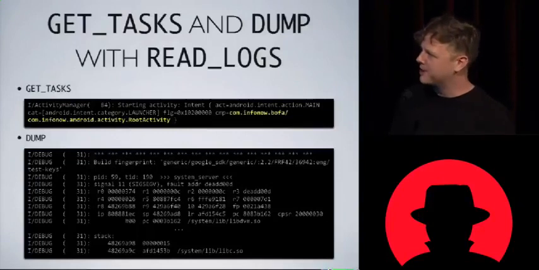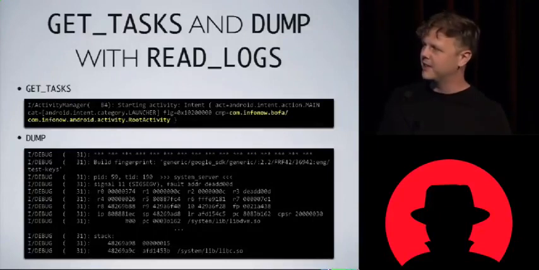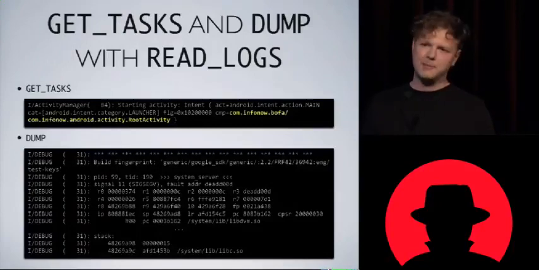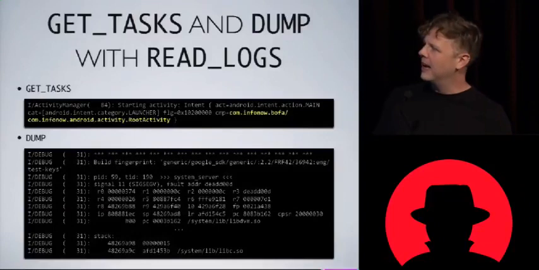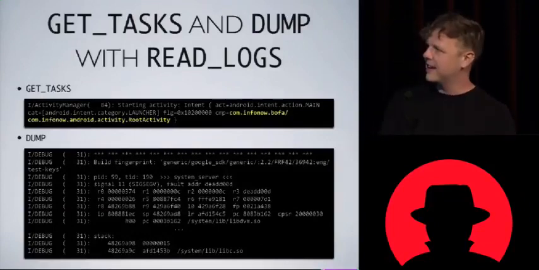There's a dump permission that's not entirely clear what it gates, but we have an idea, and there are actually applications that are intentionally doing this. If an application is terminated by the runtime, then a lot of information about that termination may be logged to the system logs. And if you have read logs permission, you can just scrape it out of there instead of actually asking for the dump permission.